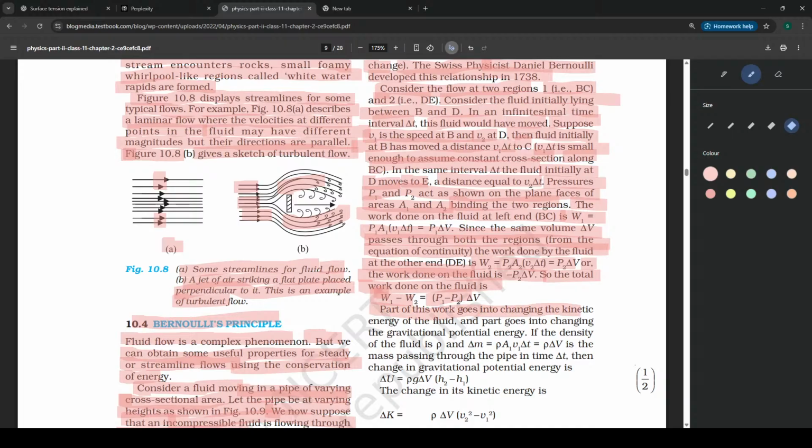Part of this work gets converted into kinetic energy of the fluid, and part goes into changing the gravitational potential energy. If the density of the fluid is rho, and delta m, which is equal to rho A1 V1 delta t, which is again equal to rho delta V, is the mass passing through the pipe in time delta t, then the change in gravitational potential energy is delta U, which is equal to rho g delta V, that is mass times acceleration due to gravity, mgh, basically mg(h2 minus h1).